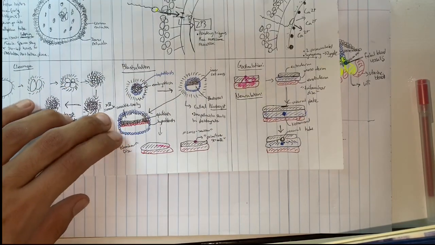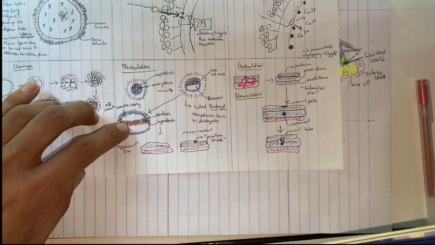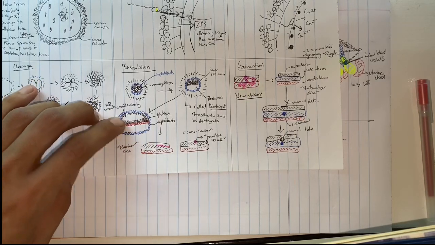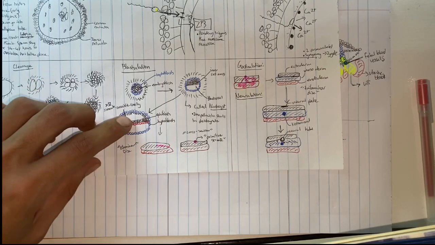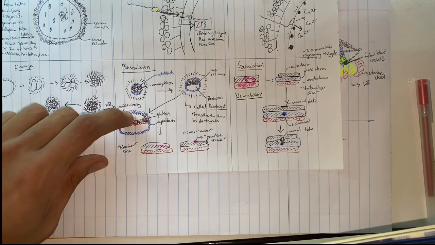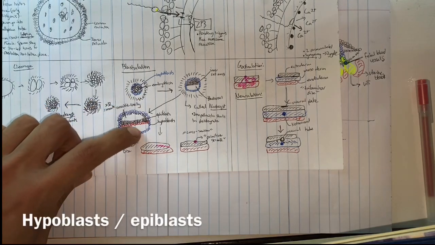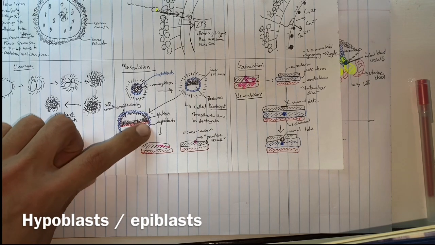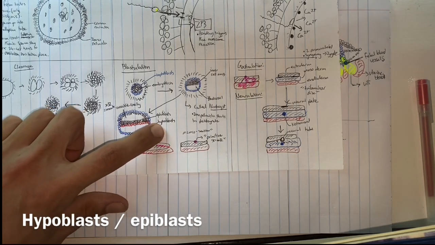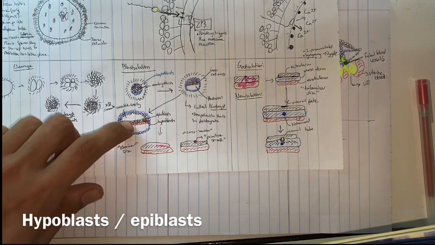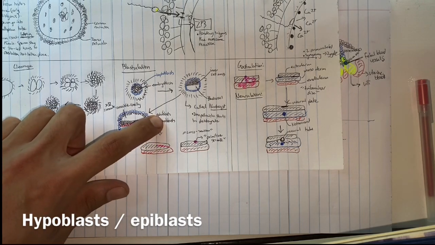So when we continue to differentiate, we've got another cavity formed here. This is called the amniotic cavity, which forms within the inner cell mass. And the bottom embryoblasts here differentiate into hypoblasts, and these ones above are then called epiblasts.